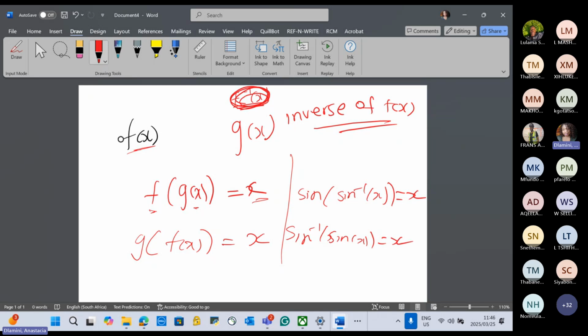Are we okay with that? Now, when you're taking a function and putting it inside another function, that's called composition of functions. I'm not going to explain anything further. I'm done. We shall see each other in the exam.